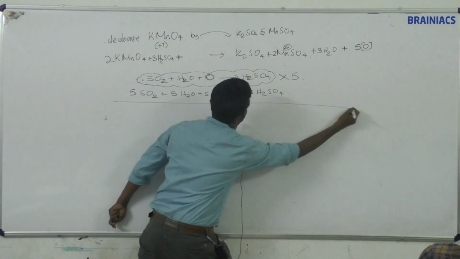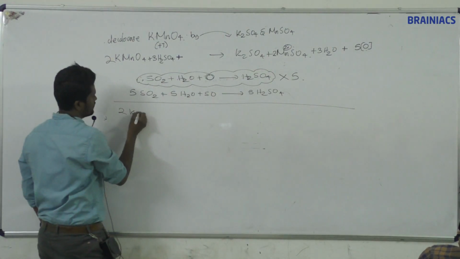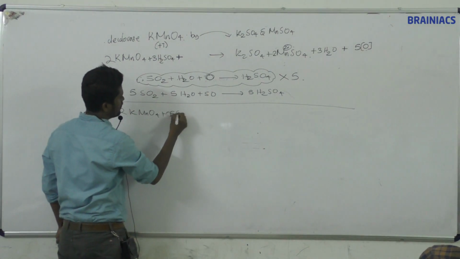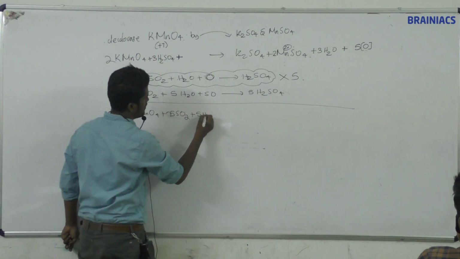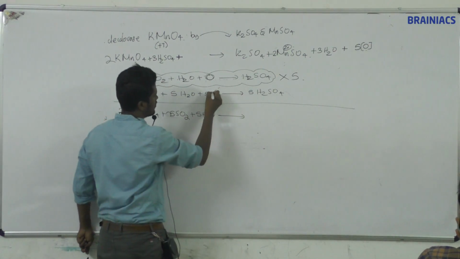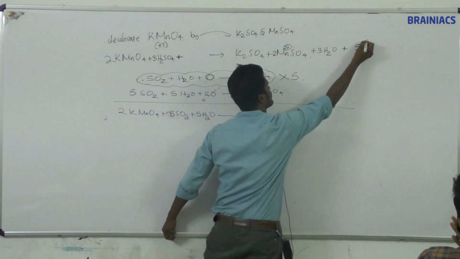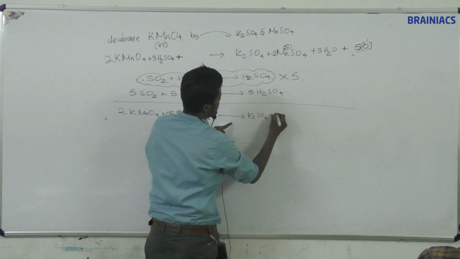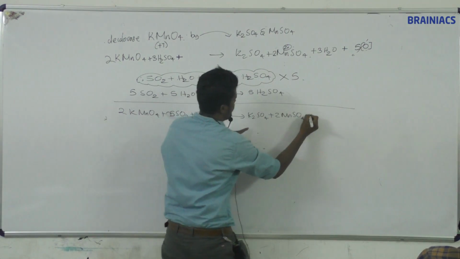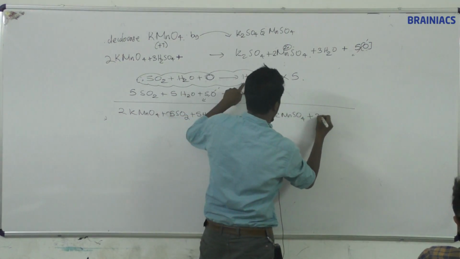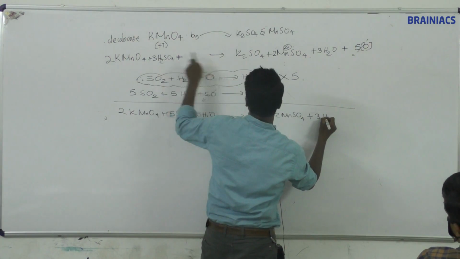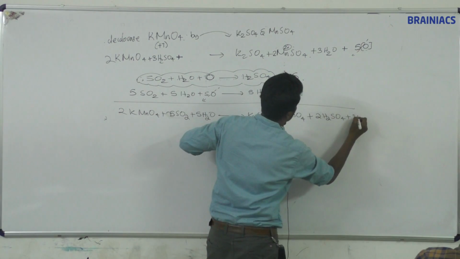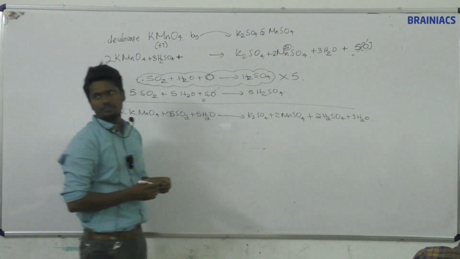Balance the equation: 2KMnO4 plus 5SO2 plus 2H2O gives K2SO4 plus 2MnSO4 plus 2H2SO4.